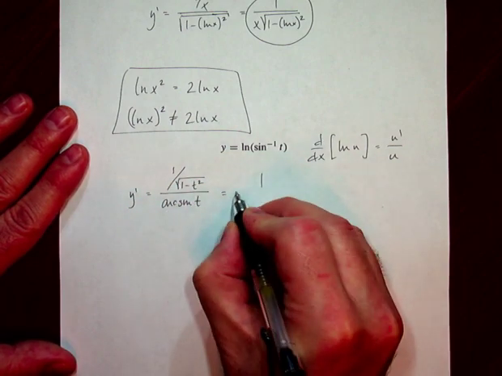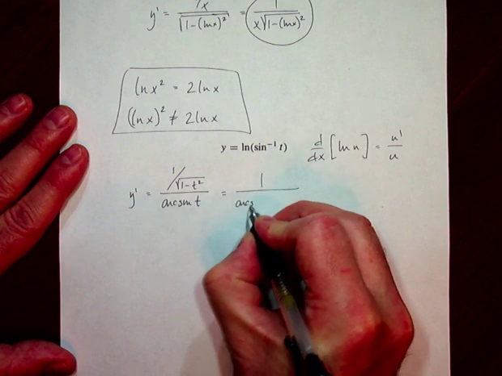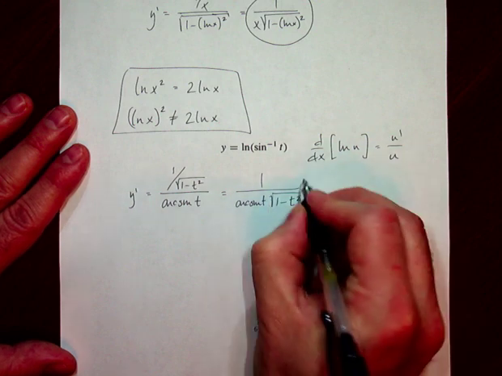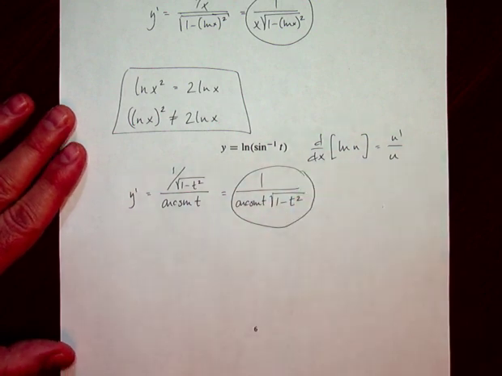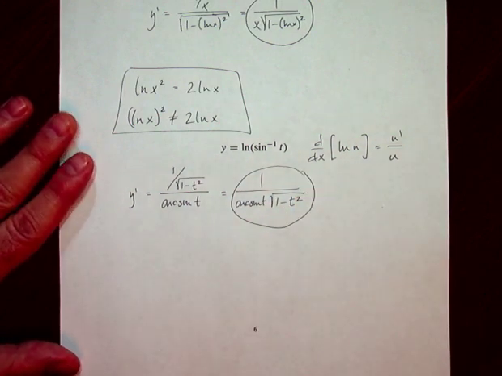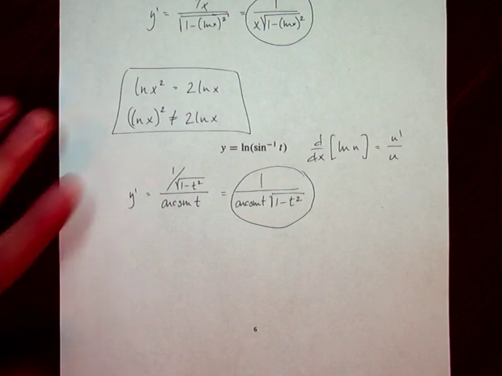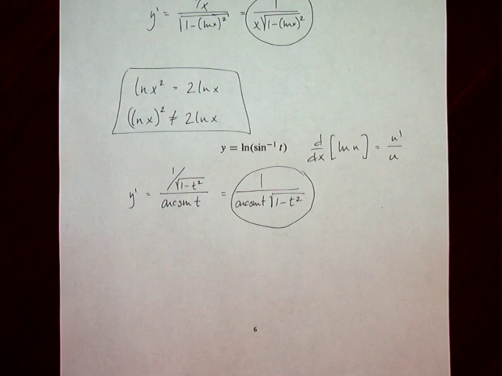So it actually winds up being 1 over arc sine of t times the square root of 1 minus t squared, and that right there is your derivative. It's not clean and it's not tidy, but it's not really all that complicated either.